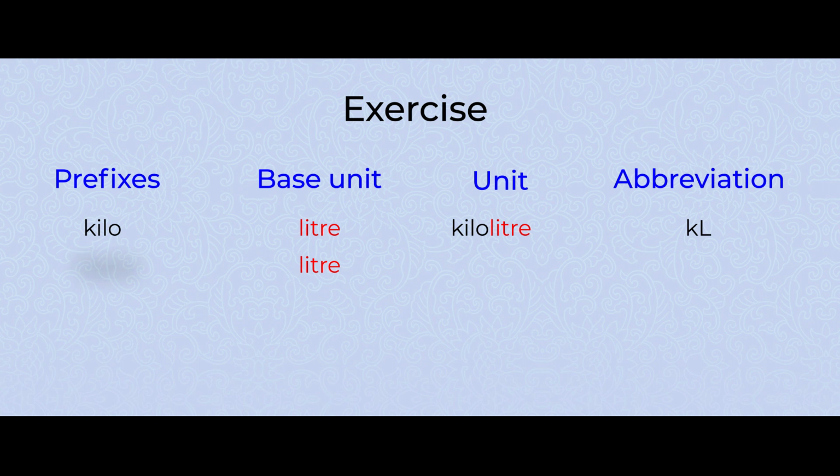Okay, let's take another. If we use hecto, you would get, yes, hectoliter, and the abbreviation will be hL. Okay, let's change the base unit. This time, let's keep gram. Now let's use the prefix centi. The unit will be centigram.